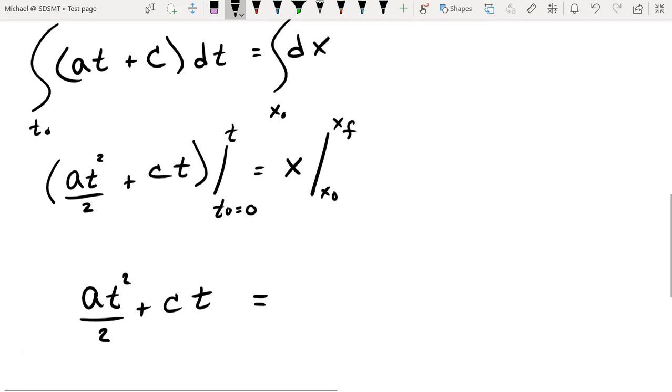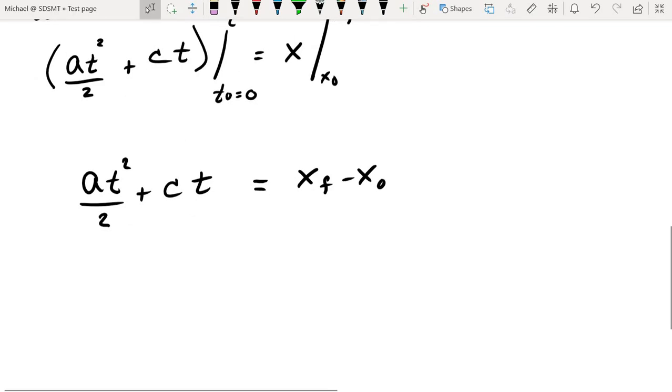And then the right-hand side evaluated at our limits is x final minus x initial, but that's just delta x. And so we can shorthand that to delta x. And technically this would be our kinematic equation. I've gone through all the steps of the integration.